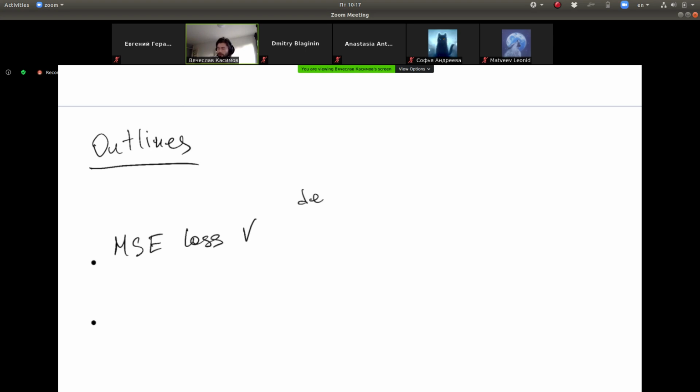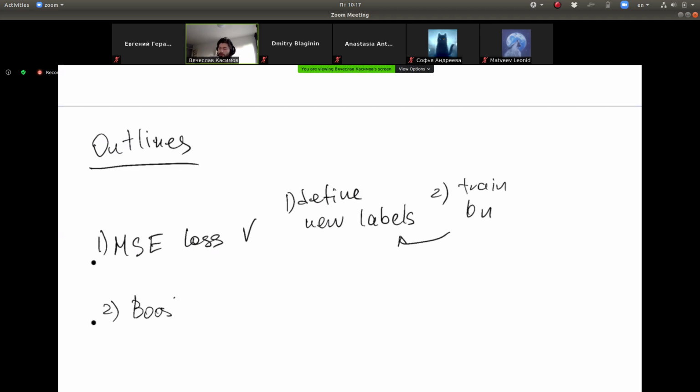We just define new labels, and we can then train any algorithm on them. And the second point is that boosting can overfit.